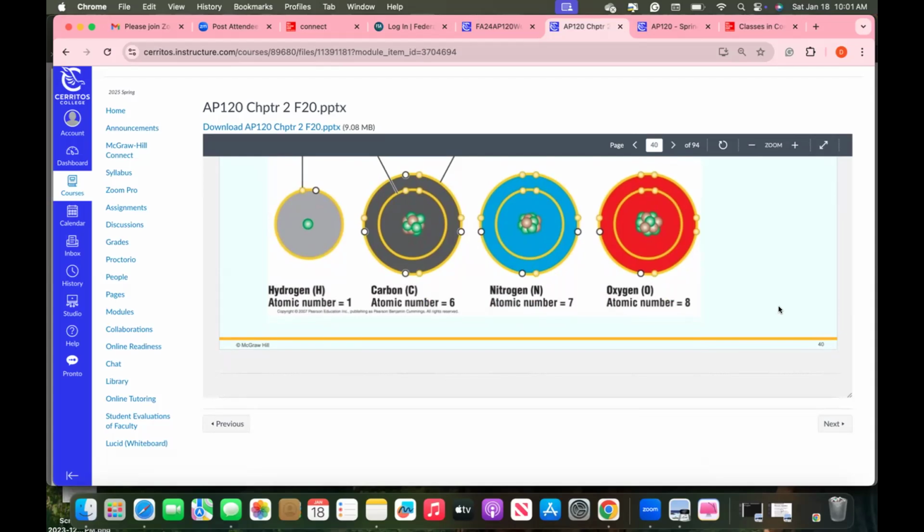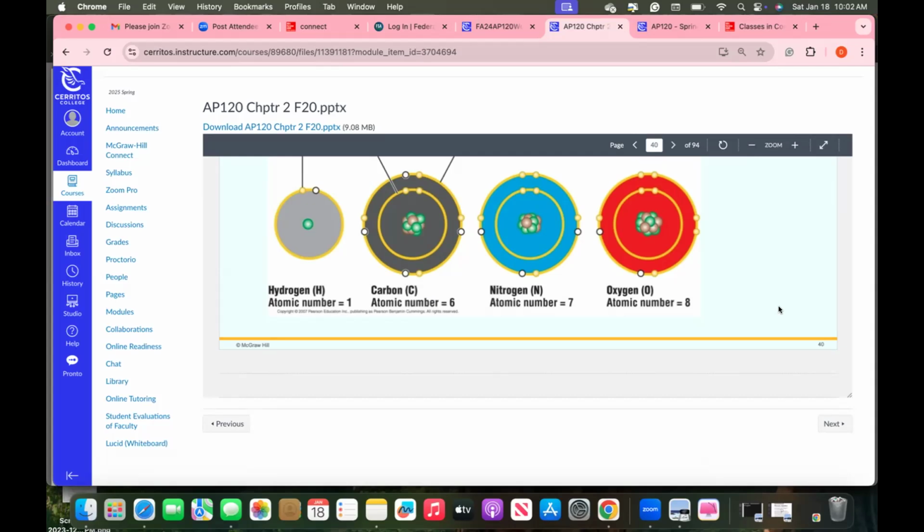Nitrogen has 7 protons and 7 electrons. So again, you need 2 on the first shell here. But then the second outer rim, you need another 5. So 2 at the top, and then 1 at each of the other cardinal directions.